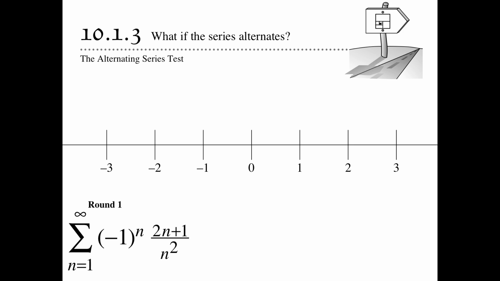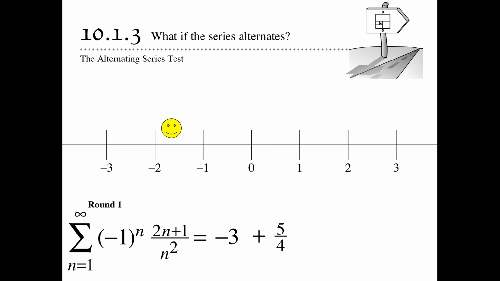The teams split into 2 teams, team convergence versus team divergence. After drawing a number line from -3 to 3, the first team puts a game piece on the first term of the series. In this case, it's -3. Then the other team computes the next term of the sequence and adds or subtracts it from the previous sum to find the second partial sum, which in this case is -3 plus 5/4 equals -1.75.